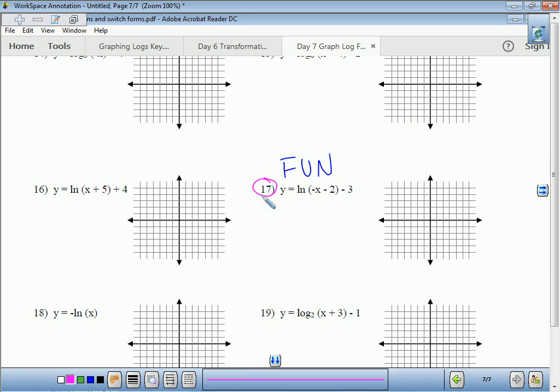Alright, number 17 is fun, but it's different. This problem brings in a negative here. But not only does it cause the x's to change to the opposite, which reflects it over the y-axis, it also has a horizontal shift in here. And when there is anything here, a negative, a number, it must be factored out.